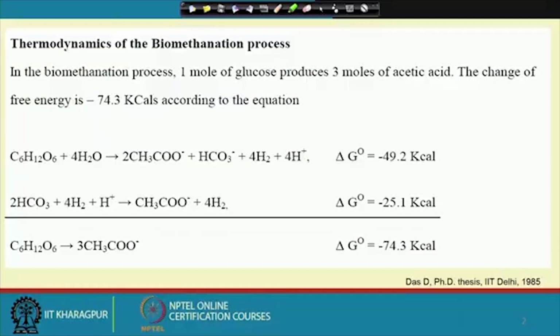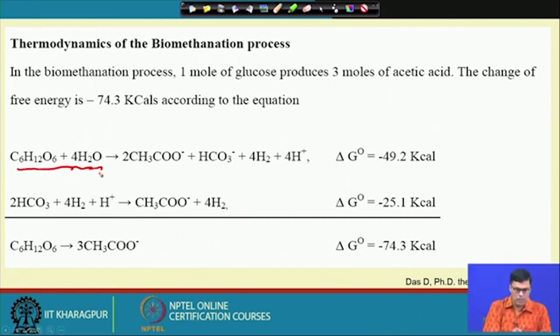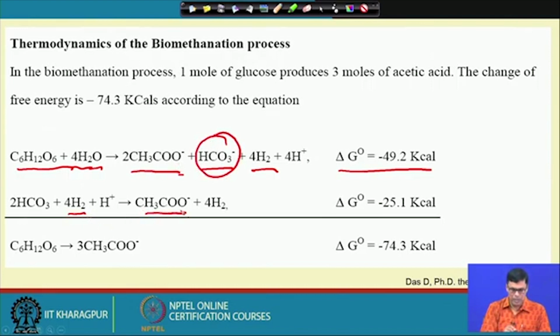Now, here we have given some examples of the kind of free energy change involved. When you consider glucose in presence of water, it produces acetic acid and hydrogen, and this is the carbonic acid, and the free energy change is minus 49.2 kilocalories. Then this carbonic acid in presence of hydrogen produces acetic acid.